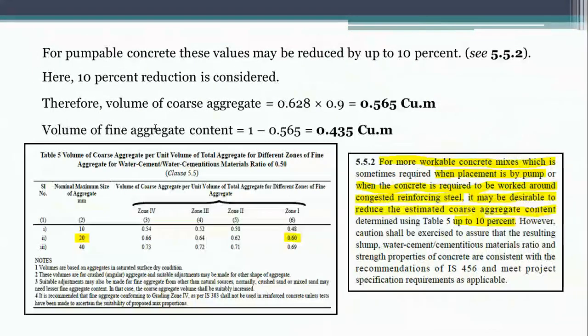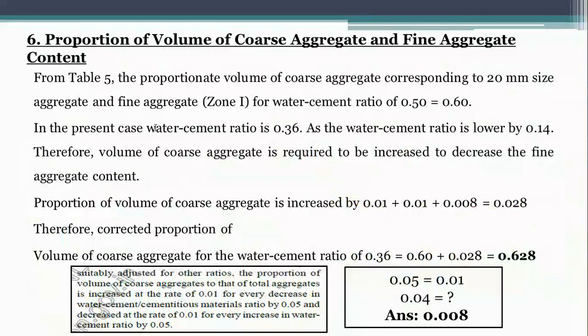Now for table 5 and for zone 1 of our fine aggregate, in the question you saw the fine aggregate conforms to zone 1 of IS 383 2016. For zone 1 and nominal maximum size of aggregate 20, the value is 0.60.